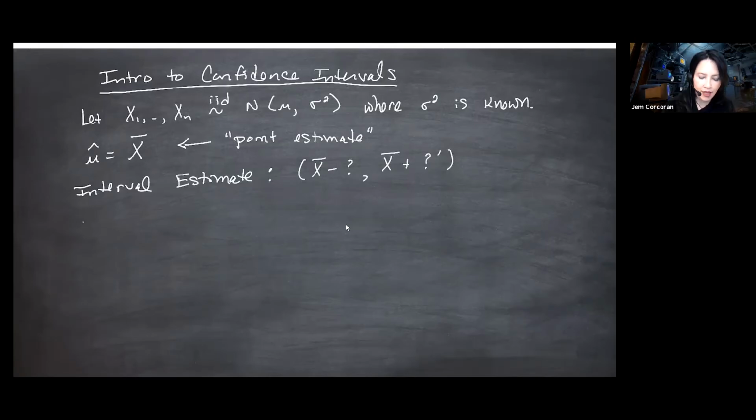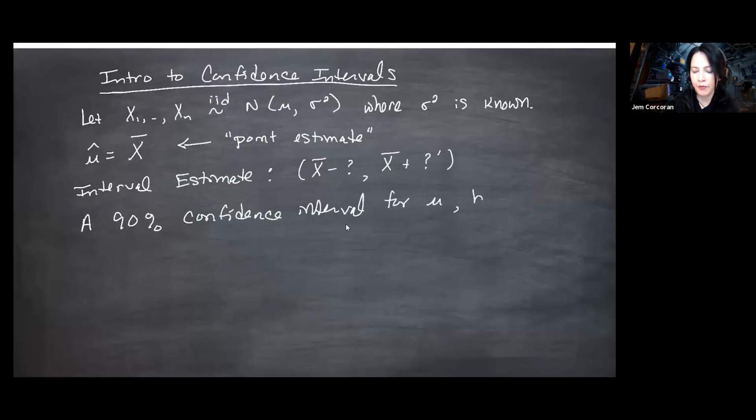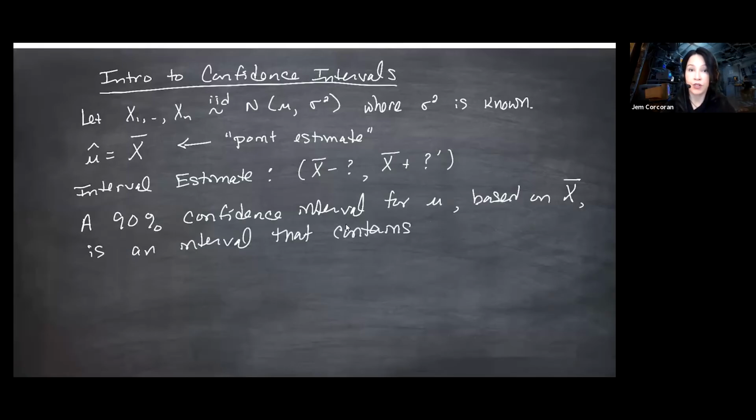And rather than define it generally, a 90% confidence interval for mu based on the statistic x bar, because we can use other statistics, is an interval that contains the true value of mu 90% of the time.